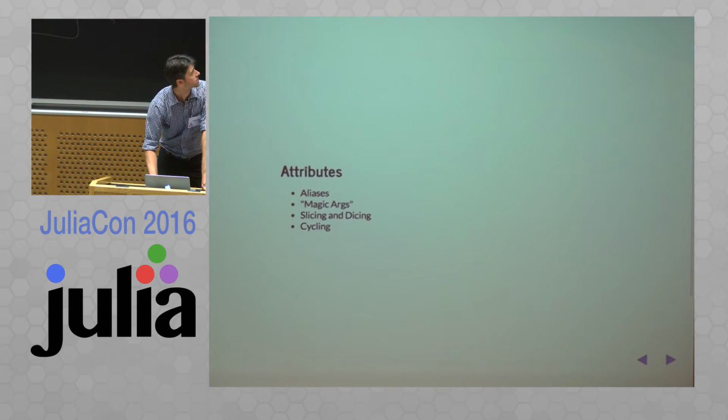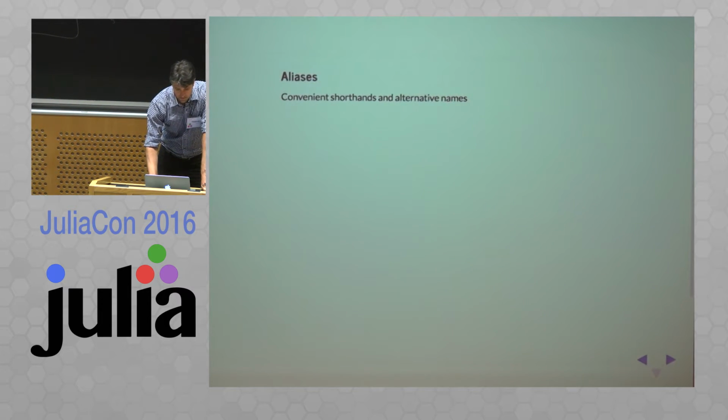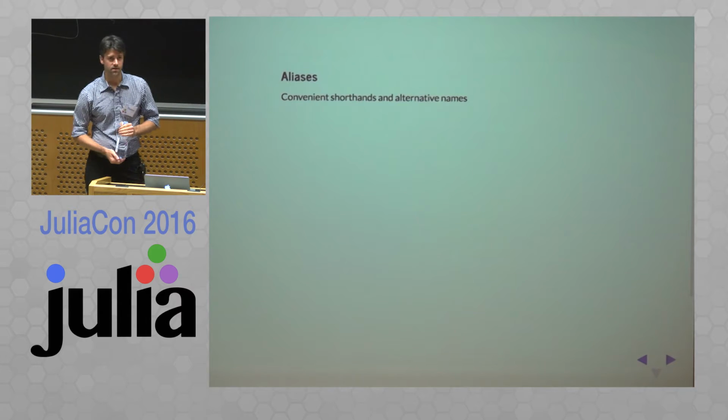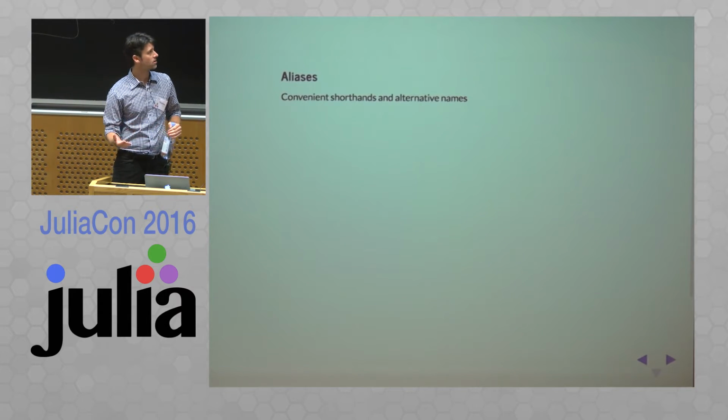Okay, I'm going to talk a little bit about attributes, which is kind of the look and feel of the visualization. So I said briefly before, aliases. It's effectively, there's lots of different names that you could call your attributes.